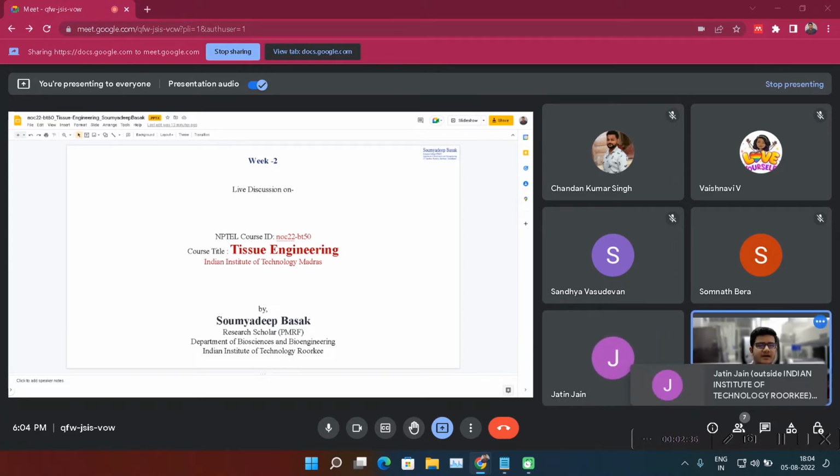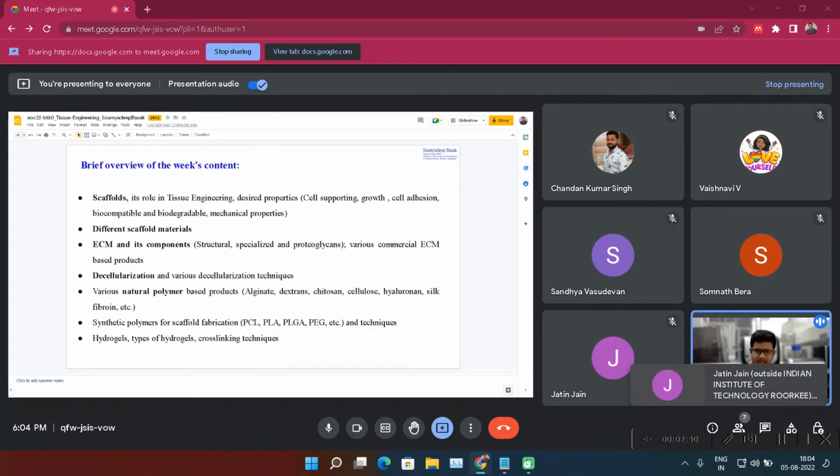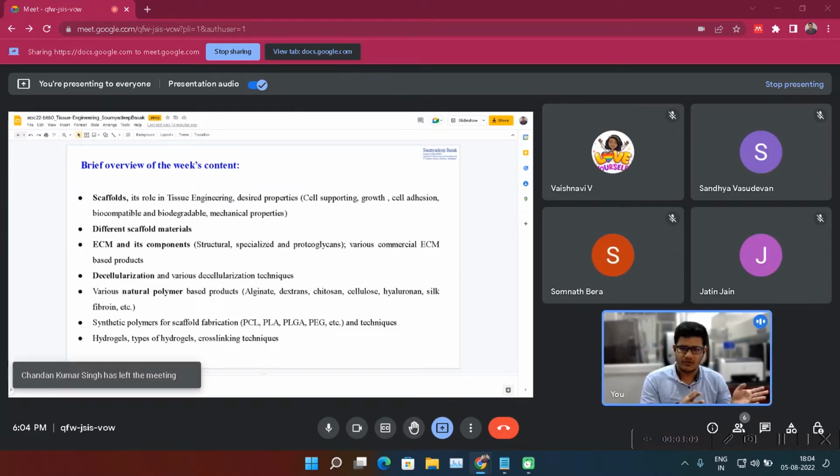Okay. So in week 2 we have studied what scaffolds are and their role in tissue engineering, as well as the desired properties of scaffolds. Their role is cell-supporting nature, they should promote growth, and so on. Then the different kinds of scaffold materials used, natural polymers and synthetic polymers.